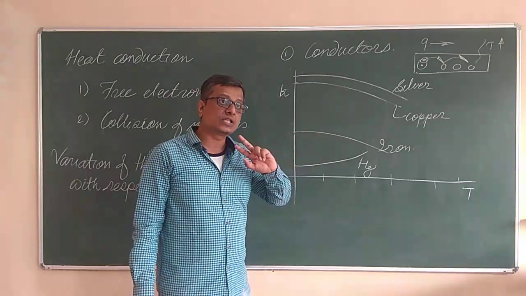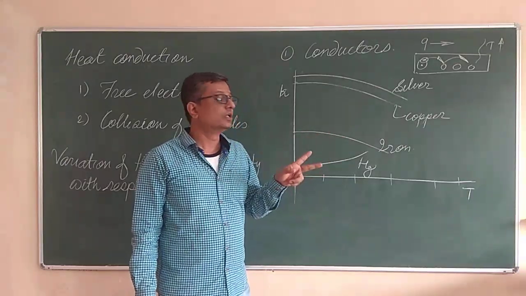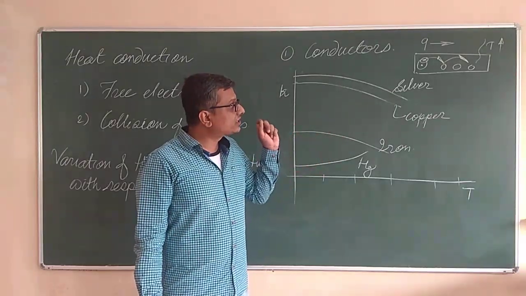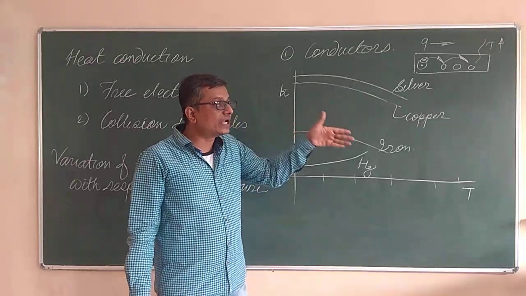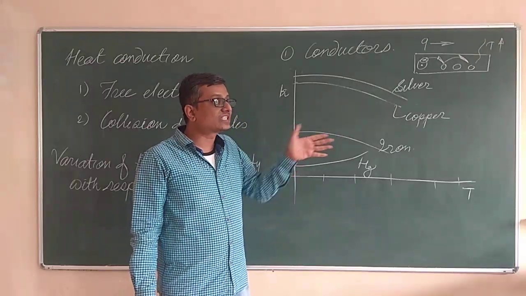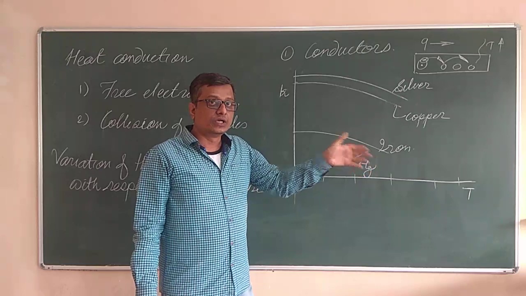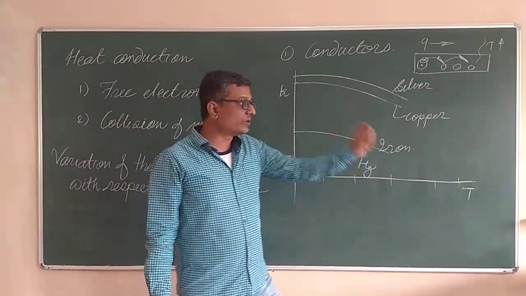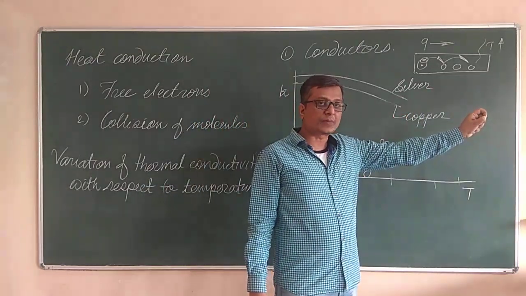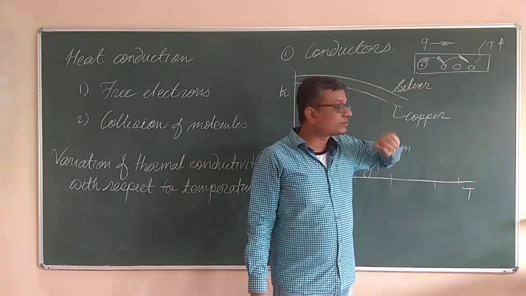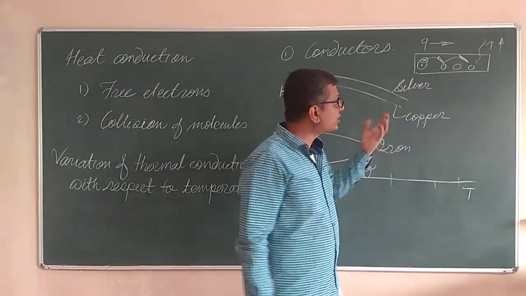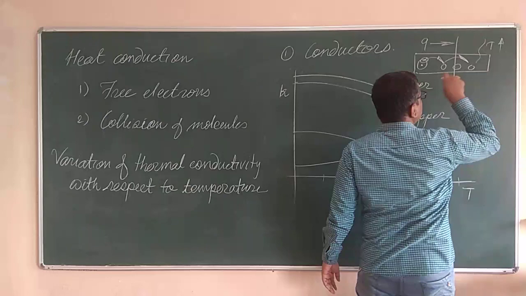Increase in the sense, increase in the amplitude as well as in the frequency. So what happens due to that? Due to that, the moving electrons will get somewhat of a resistance to the flow. Earlier they were moving along an easier path. Now the vibration of the molecules has increased, so they are offered somewhat of a resistance to the flow.